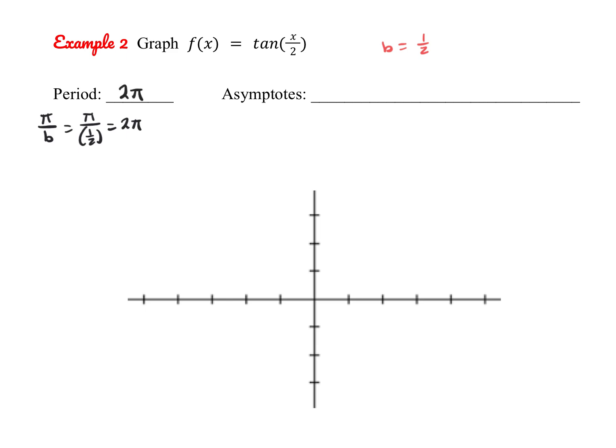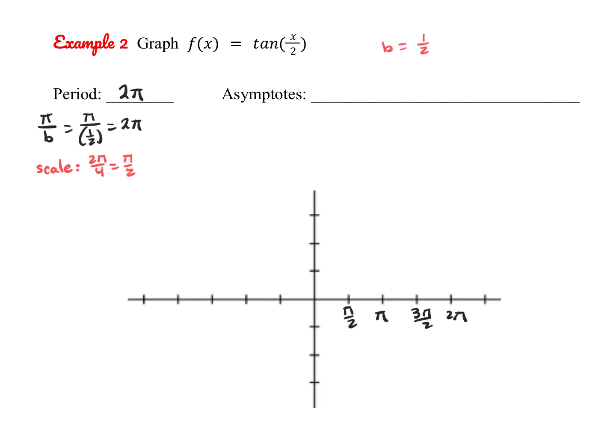So for the scale, I'm going to take the period and divide it into 4 pieces, like we always do. So I'm going to count by pi over 2. And remember, since we want to center the asymptotes around the y-axis, I'm going to go half a period to the right.